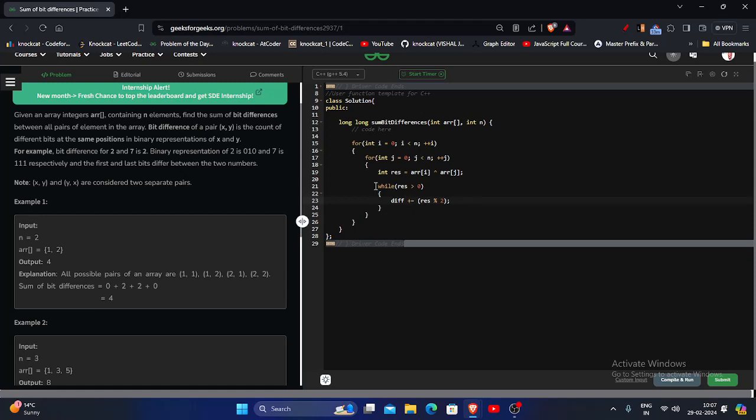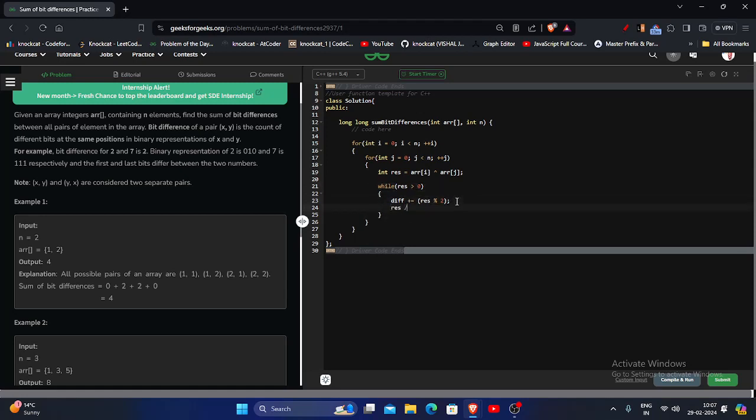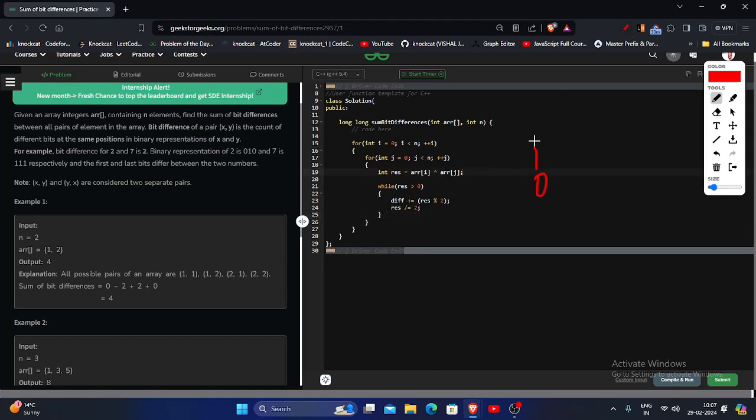I hope you have done this code in your initial semester, in your first or second semester. So this is how we count the number of set bits, and through XOR, we know for different bit positions, it will give us 1.